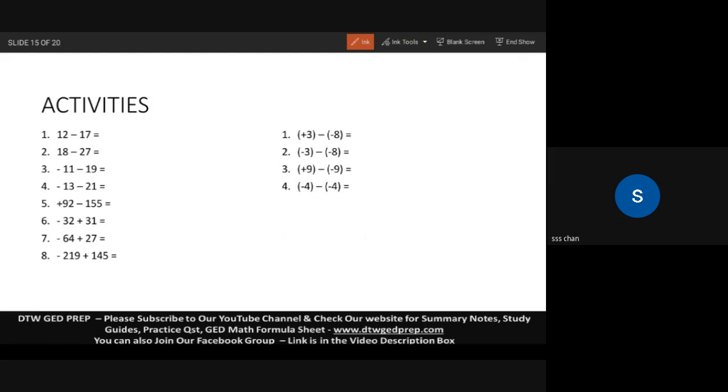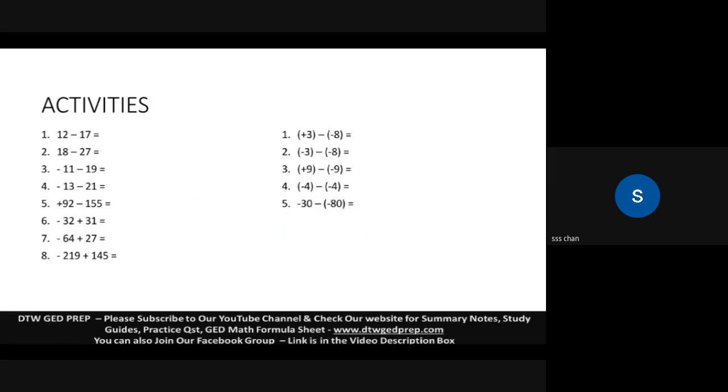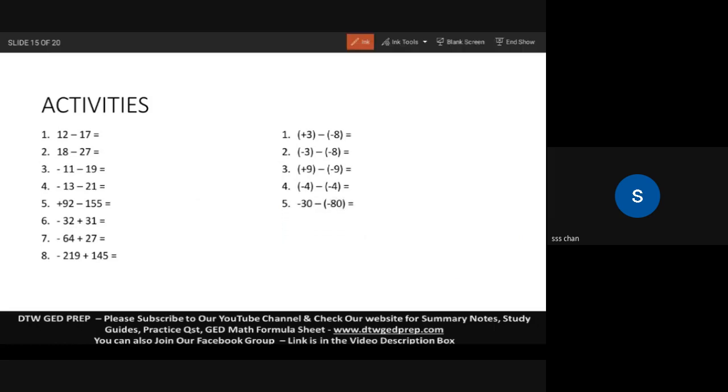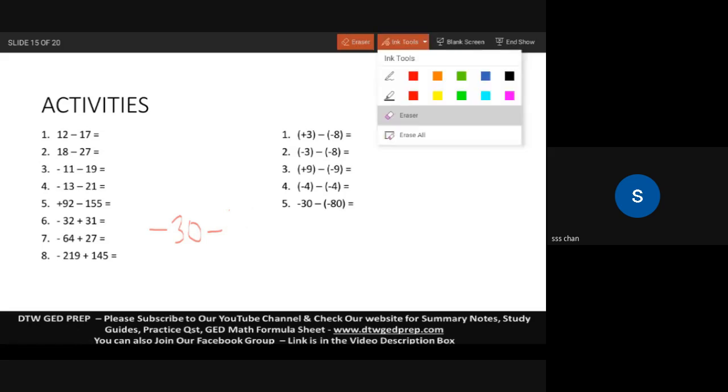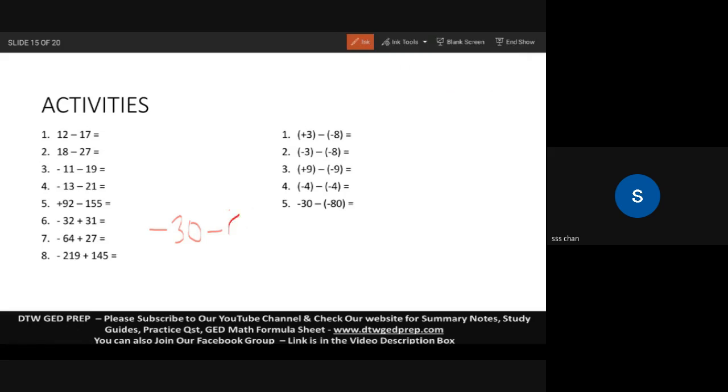So we go on. The fifth one, we have negative 30, negative 80. So you are removing a negative 80 from a number.